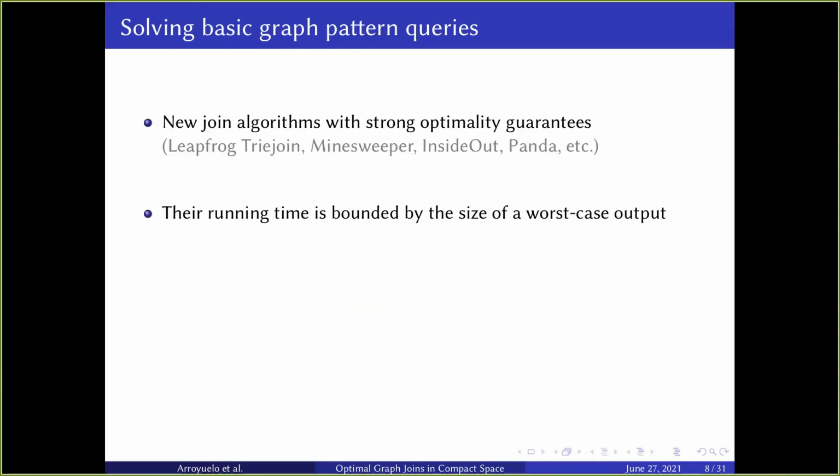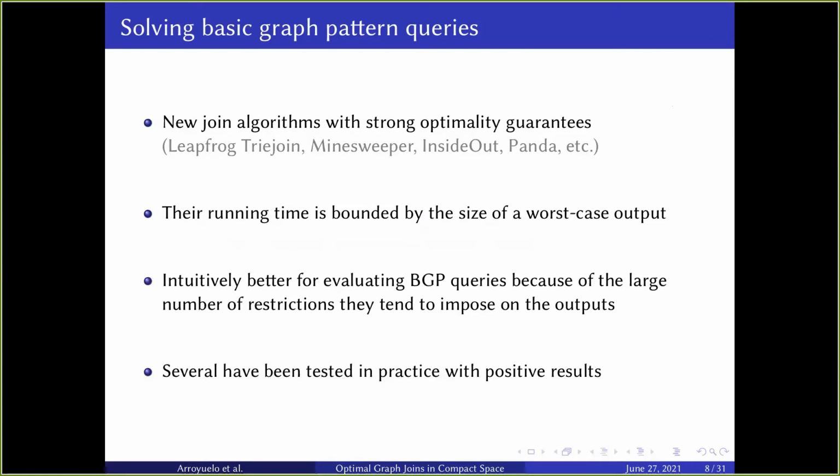So that's why in recent years, there's been a boom of new algorithms with stronger optimality guarantees, in which the running time is bounded by the size of the worst possible output. These algorithms, known as worst-case optimal join algorithms, are intuitively better for evaluating BGP queries, because BGPs impose a large number of restrictions on the outputs that are possible.